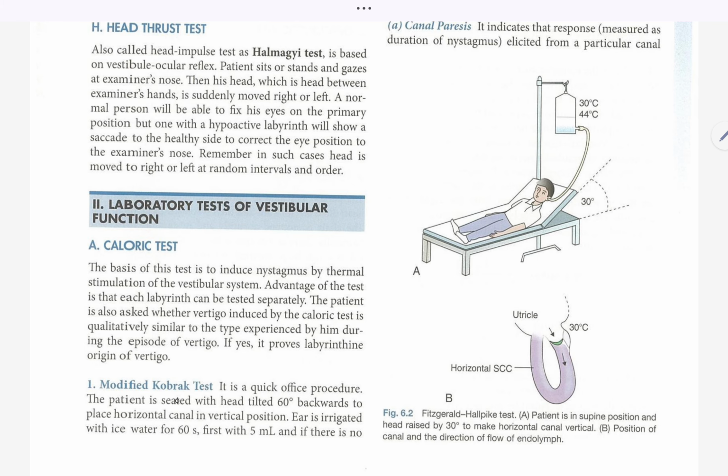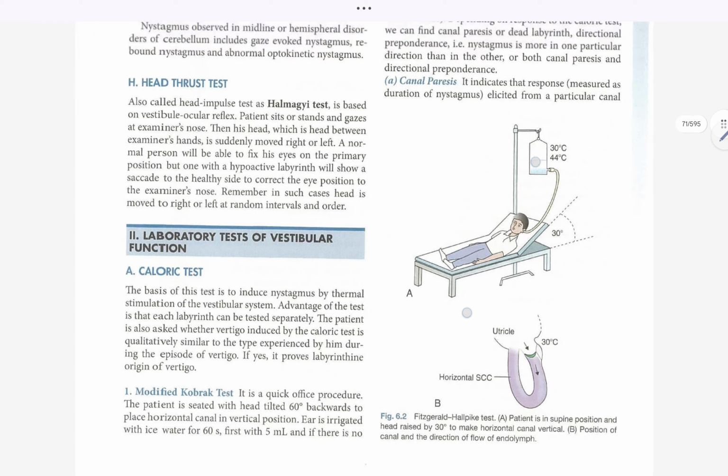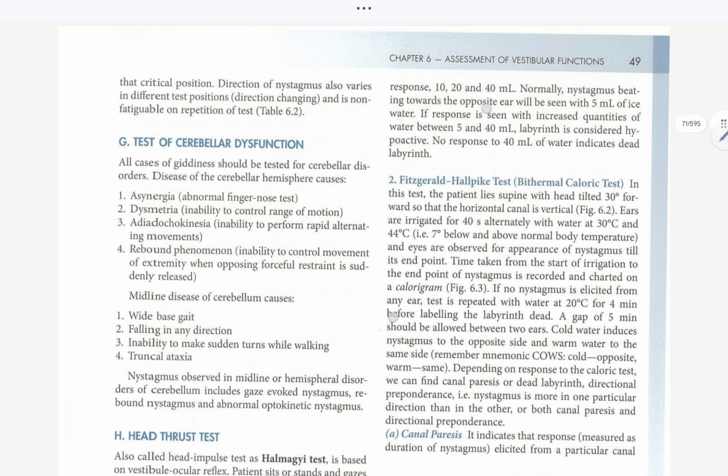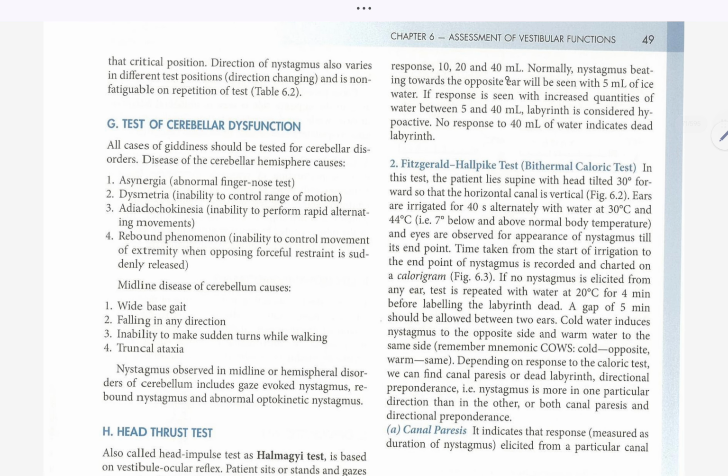1. Modified Kobrak's test. It is a quick office procedure. The patient is seated with head tilted 60 degrees backwards to place horizontal canal in vertical position. Ear is irrigated with ice water for 60 seconds, first with 5 ml, and if there is no response, 10, 20, and 40 ml.